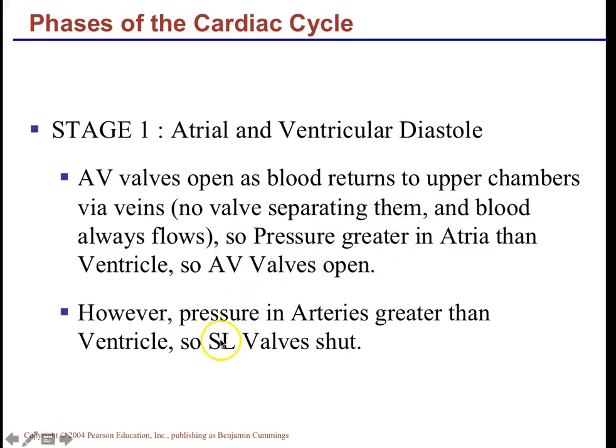But when you get down to the ventricles, the semilunar valve is shut tight, because the heart has just gone through a ventricular systole, so there's more pressure in the arteries than in the chamber. So that's stage 1.